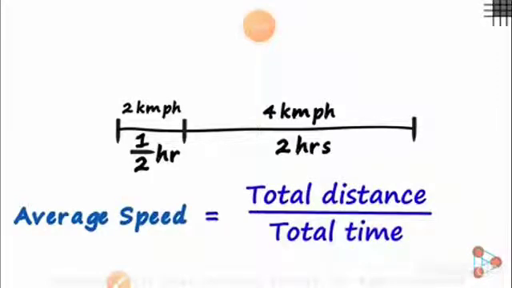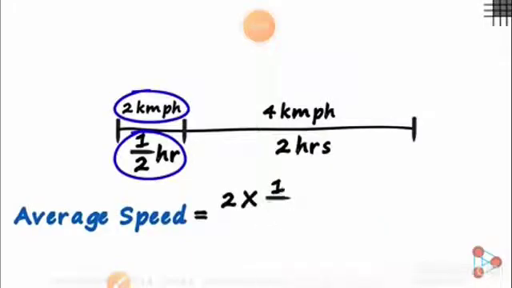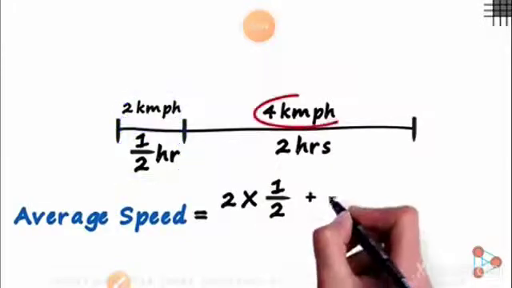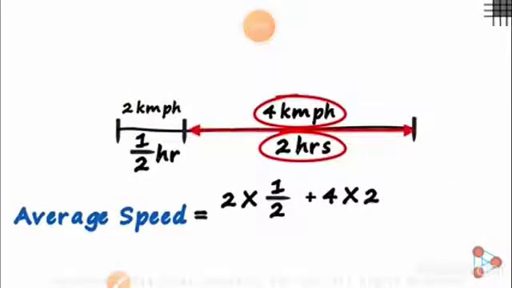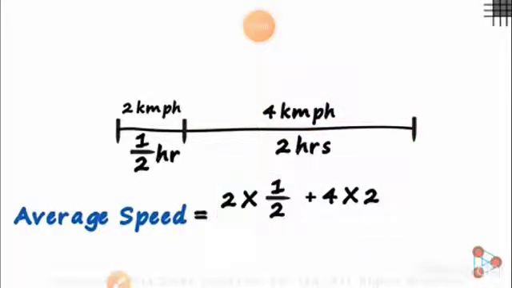As you all know, average speed is equal to total distance divided by total time. So total distance is not given, but still we can solve. As you know, total distance is equal to speed into time. So 2 kilometers into half, cut 2, you get 1. And 4 into 2, so you get 8.